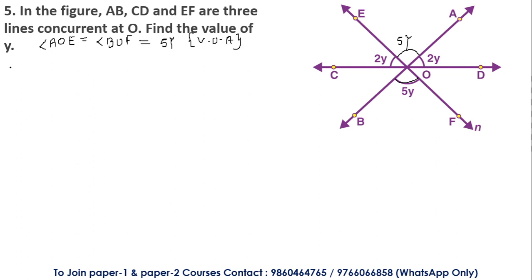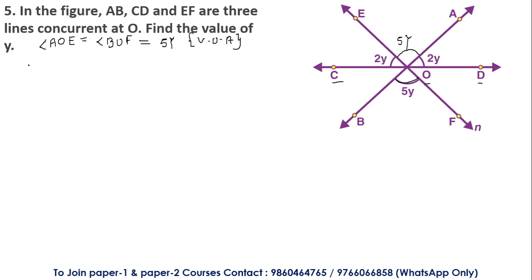Next, also if we look at the figure carefully, COD is a straight line. Look here, COD is a straight line, and the corresponding angles of these will form a linear pair.